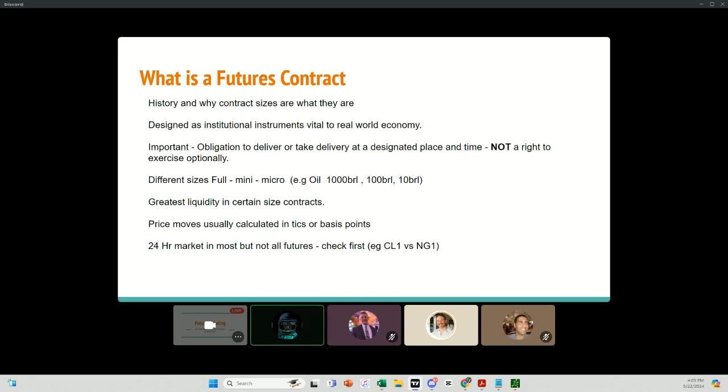I'll get to what that actually means in my next slide or two. And another key feature about markets is they are a 24-hour market in most, but not every future, but certainly the vast majority of them are 24-hour markets. Natural gas is one which isn't, whereas oil is, and stuff like that.